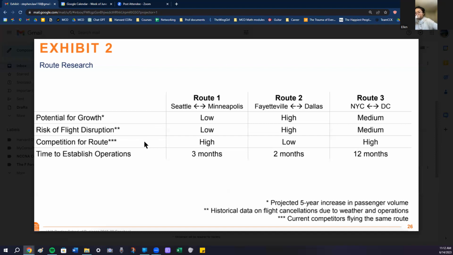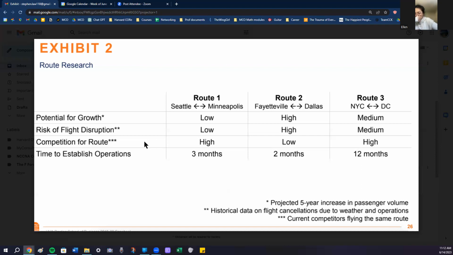So in the end, I think that they would like to increase profitability as soon as possible. So in reality, the first route would possibly be the best option due to its quickest payback period, its low risk for flight disruption, low time to establish operations, however, a high competition for the route.